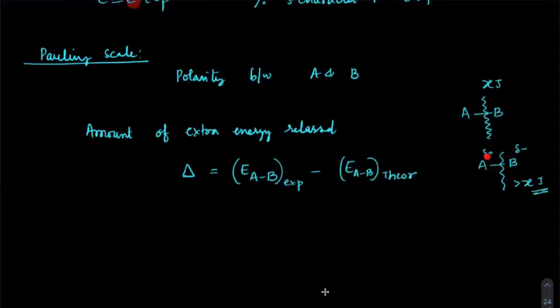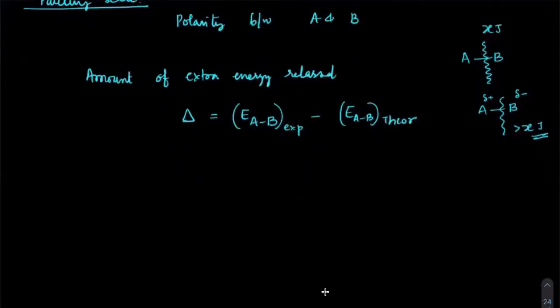So extra attraction is developed because they have ionic character. So you require more energy than you actually expect. So this is theoretical, this is experimental. Experimentally, whatever you find will have more energy as compared to what we theoretically think. Is this point clear?